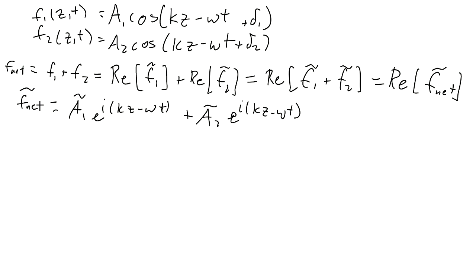So I can group this together and write this as a1 tilde plus a2 tilde times e to the i (kz minus omega t). Or another way to write this is I could call this a net tilde.